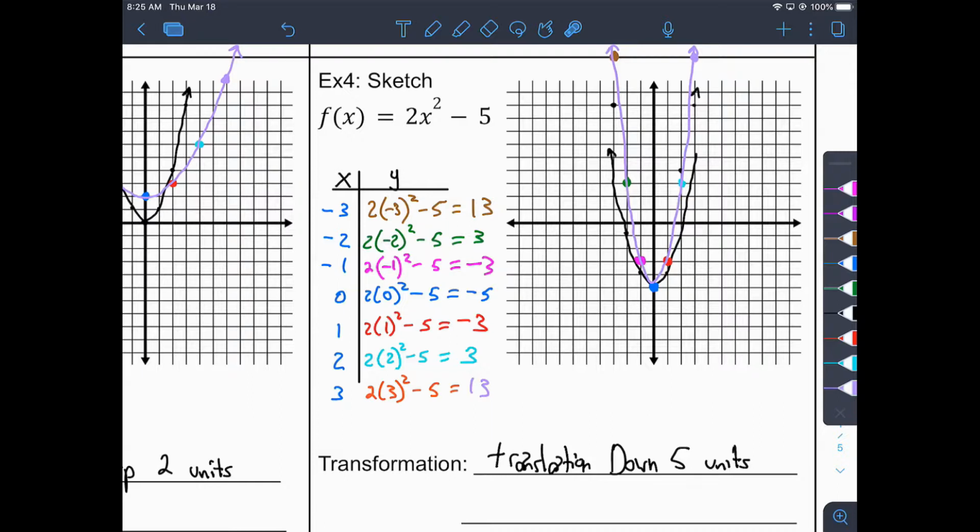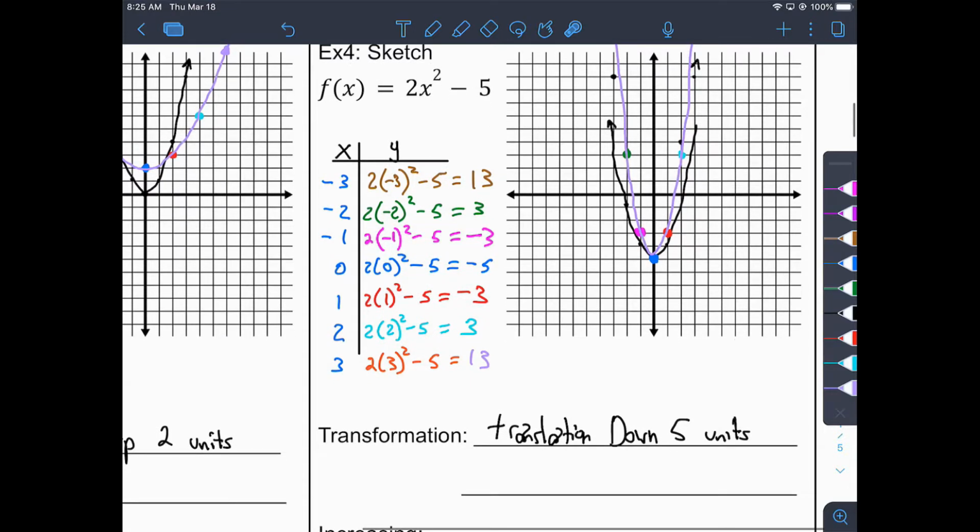Well, narrowed why? Well, again, we learned in 8.1 that the a value makes a difference. And if it is a number bigger than 1, it's going to narrow. In this case, it is a 2. So it definitely narrowed. We call that a stretch. So it stretched by a factor of 2.